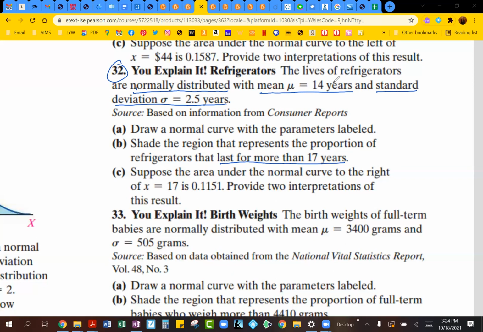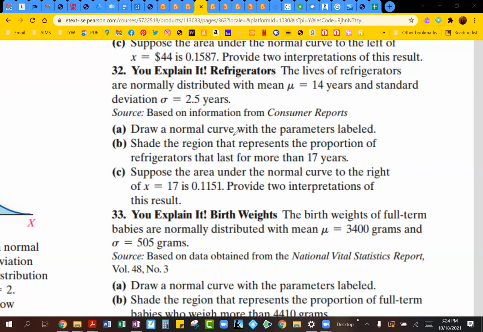So they're telling us the mean life of a refrigerator is 14 years, but they want to know what that area would look like if it's going to be more than 17 years. And they're saying, suppose that the area under the normal curve to the right of x equals 17 is 0.1151. Provide two interpretations of this result. So we'll get to that in a minute. But let's go ahead and do the first parts of these.